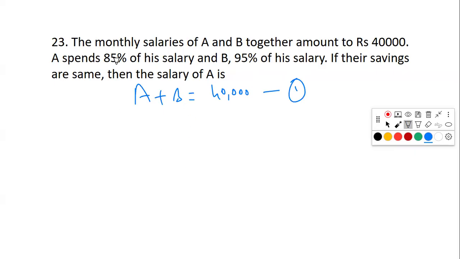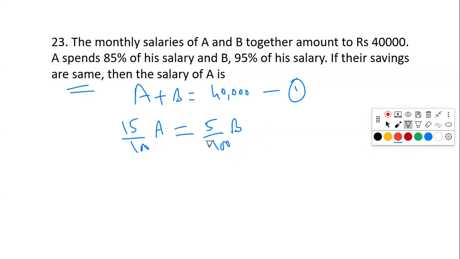So if I have to get the savings, 15% of A, that is savings, the balance. He spends 85, so the balance will be savings. For B, this is equal to 5% of B. Savings of B is 5% because he is spending 95% of his salary. Both of them are the same.